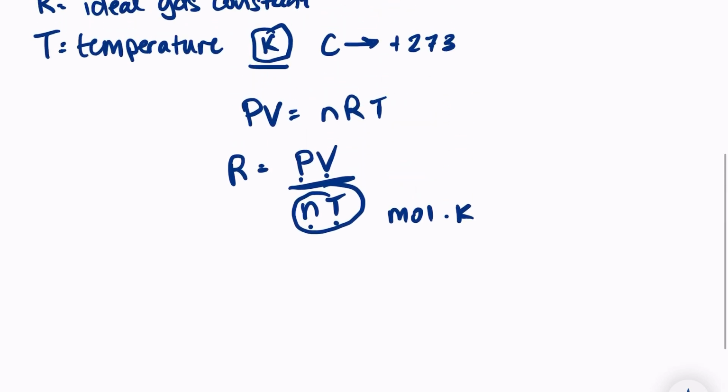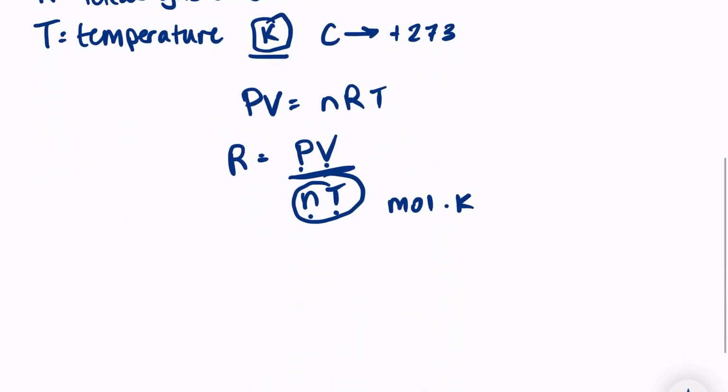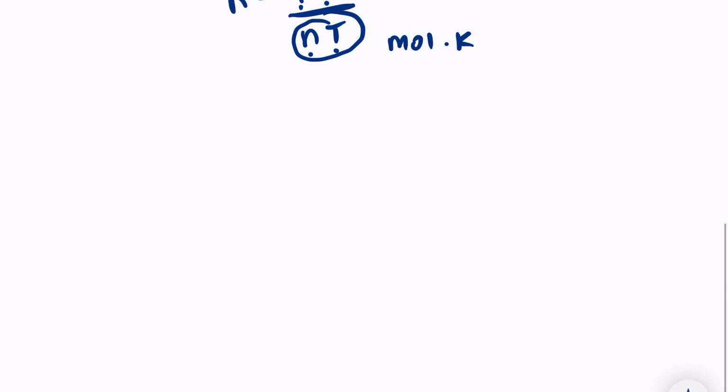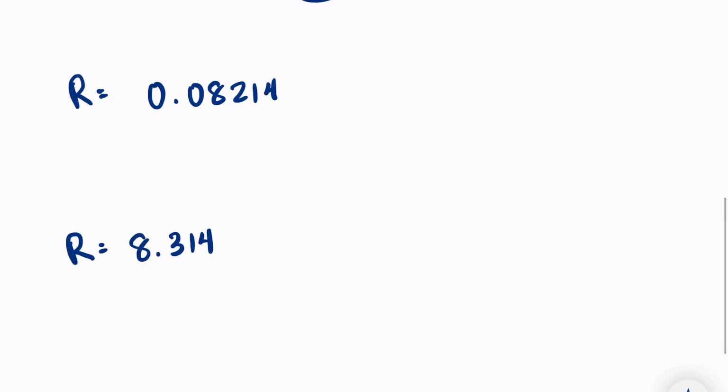So the trick to knowing which unit you need for pressure and volume is in which ideal gas constant you choose to work with. So R is equal to 0.08206. You've probably seen that before. It's also equal to 8.314, and it's also equal to 62.4.